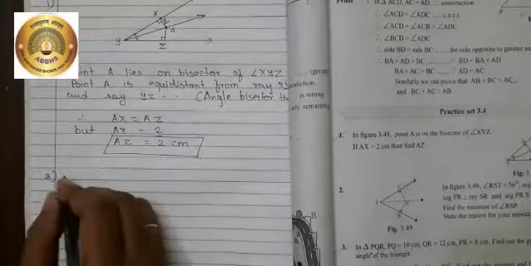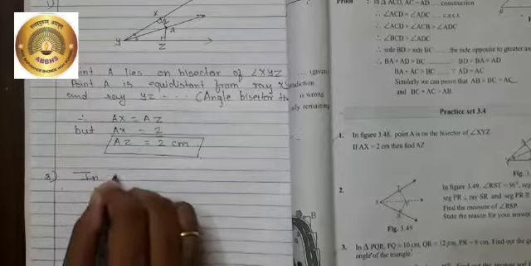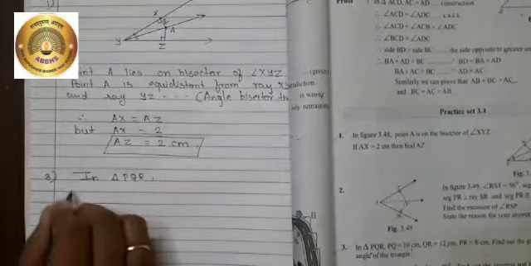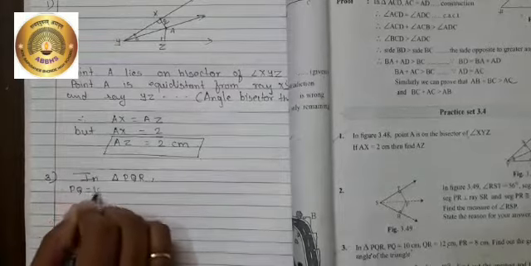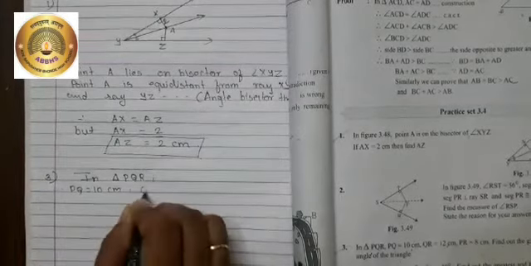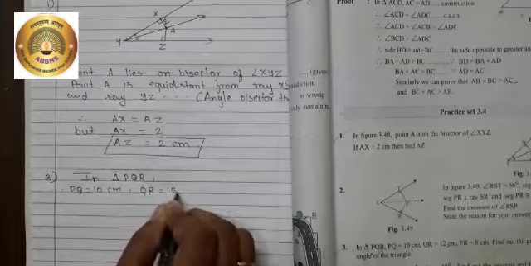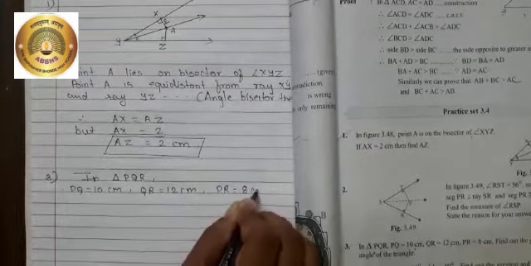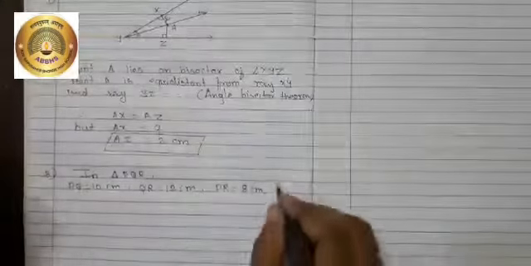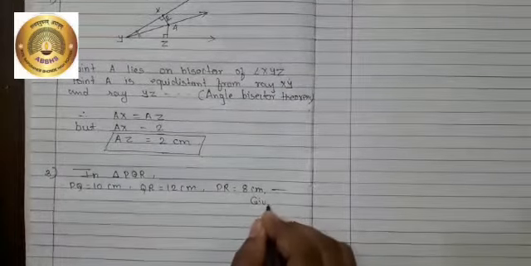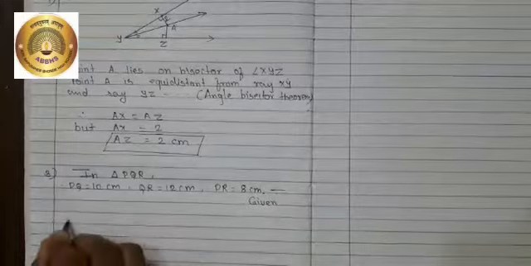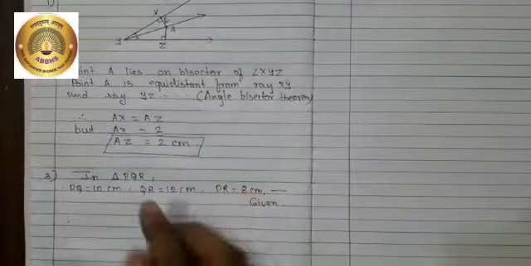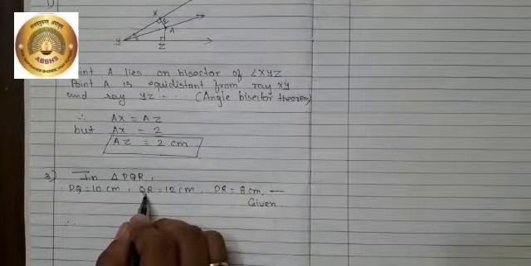So in triangle PQR, what is given? PQ is given 10 centimeter, QR is given 12 centimeter, PR is given 8 centimeter. This is all given. So according to this measurement, if you observe, this QR is the greatest one.